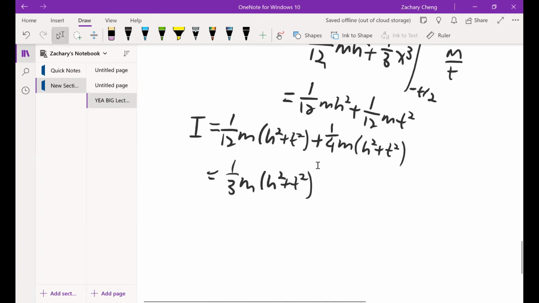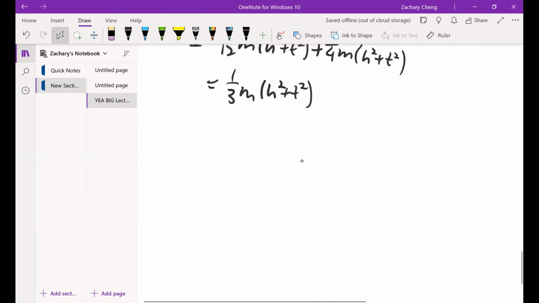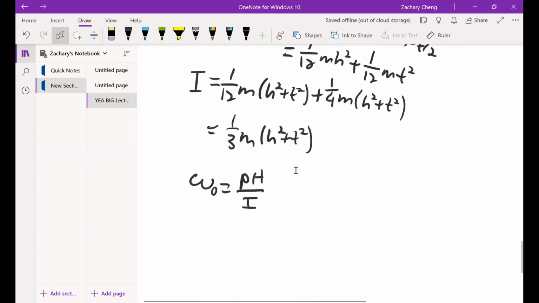Okay, so going back to this, I omega 0 equals pH, we can now write that omega 0 is equal to pH over I. And this is equal to 3pH over m times (h squared plus t squared).